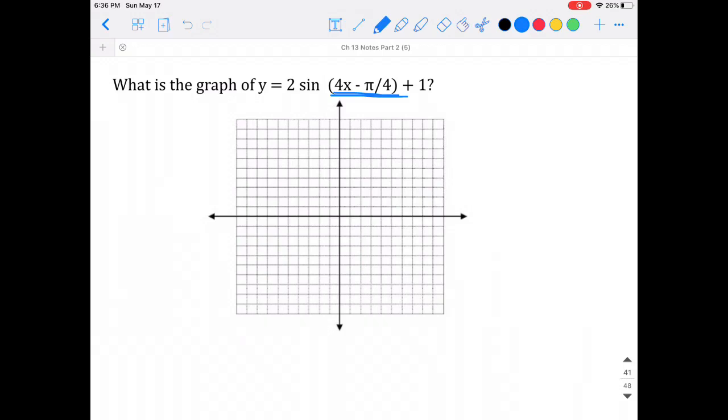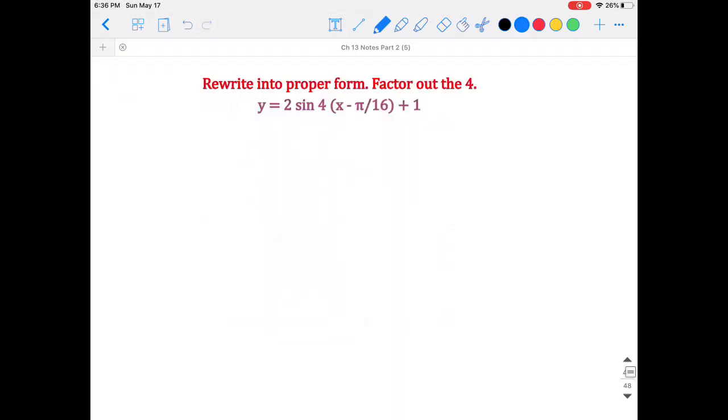We're able to factor out 4 to get x by itself. So when we factor out 4, we have y equals 2 sine 4 times x minus pi over 16 plus 1. And now this gives us our b value right outside of our parentheses. And using our b value, we're able to figure out the period of this function. The period is 2 pi over b, which would be 2 pi over 4, which simplifies to pi over 2.